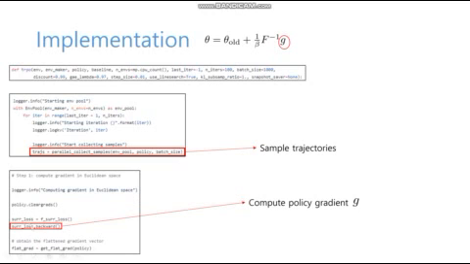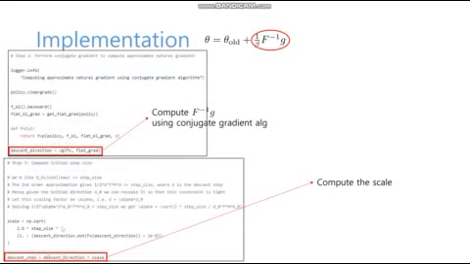Here is the surrogate loss and surrogate loss dot backward. Then we can get the policy gradient. The second step is to compute the F inverse G using the conjugate gradient algorithm. This is just compressed in this function cg, conjugate gradient.